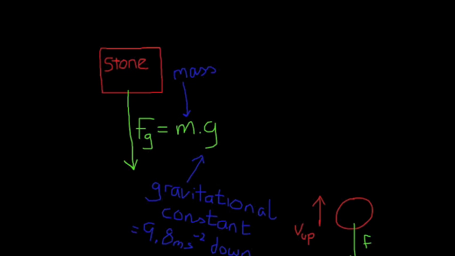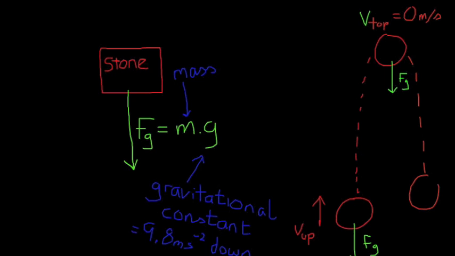Therefore, can you see that it can travel up but it still accelerates down? It can reach the highest point but still accelerate down, and it can come back down towards the starting point but it still accelerates down. I hope you're starting to see the pattern that acceleration due to gravity is a constant in projectile motion problems. It is also worth noting at this point that the stone starts on its journey going up quite fast.